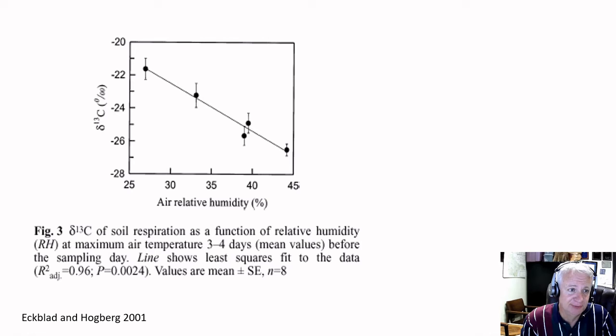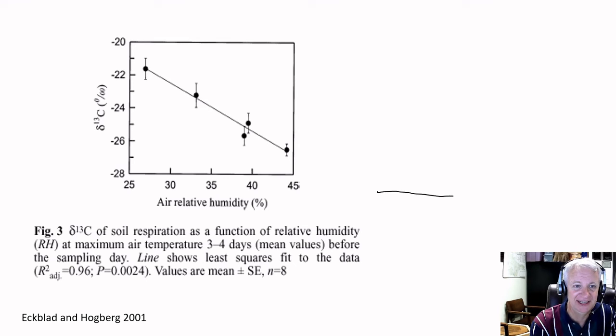This is a pretty interesting one. In this study, the authors are looking at little delta 13C, not of tree tissues, but they're looking at delta 13C of CO2 emitted from soil respiration.